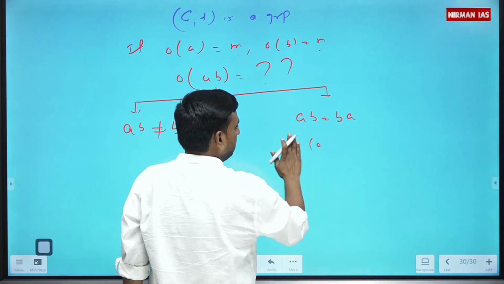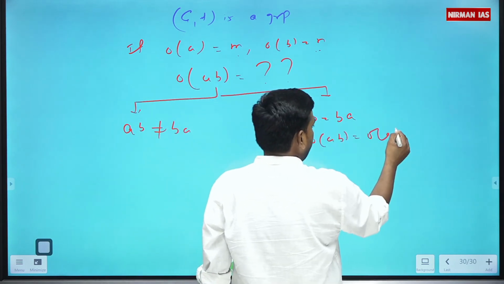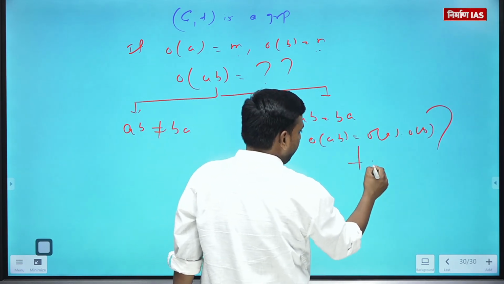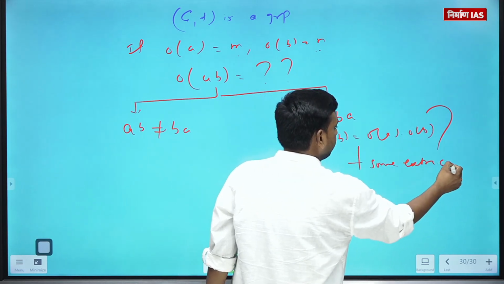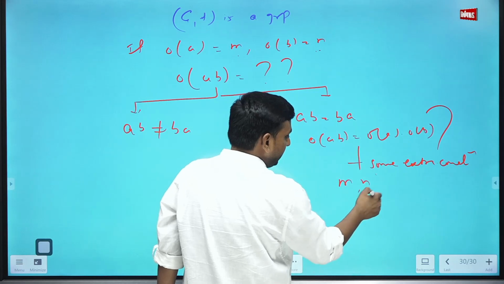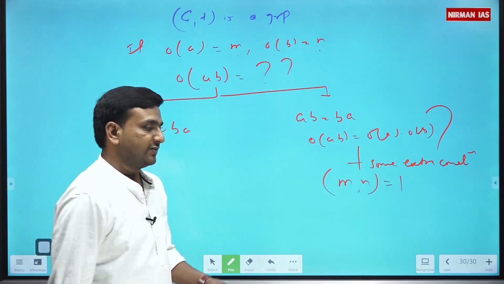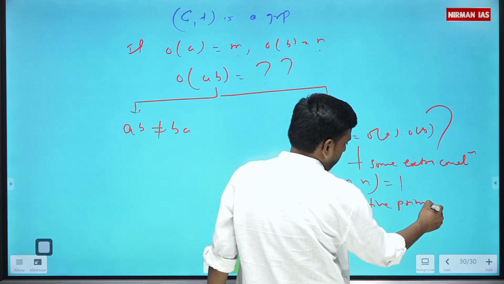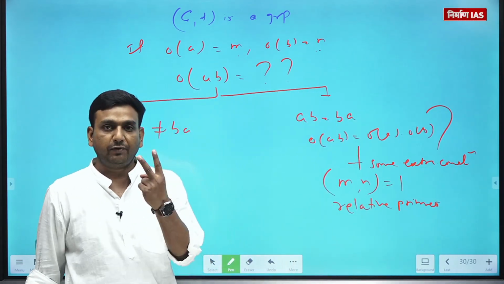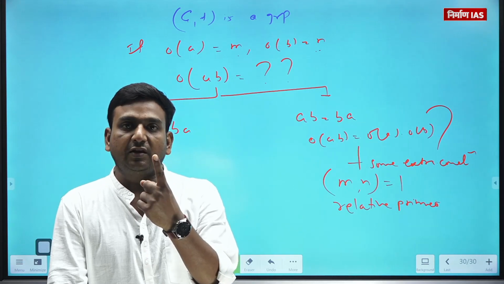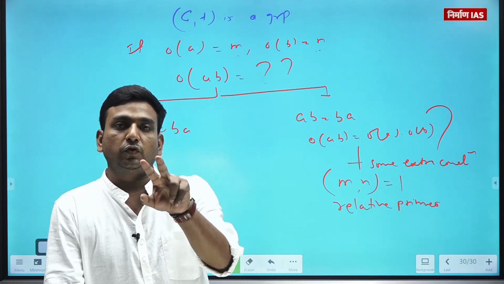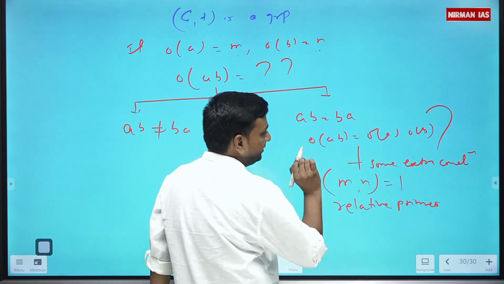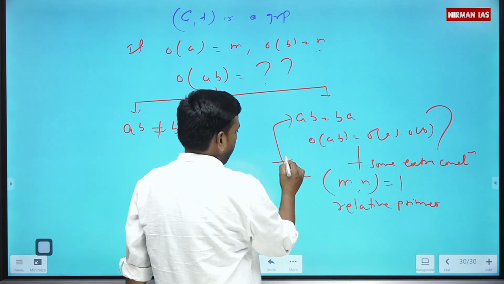In this case, is the order of ab equal to the order of a times the order of b, or is some extra condition needed, like m and n must be relatively prime? GCD is the symbol for greatest common divisor. If the greatest common divisor of two positive integers is 1, then we say those two integers are relatively prime. So the GCD of m and n is 1, plus this condition.